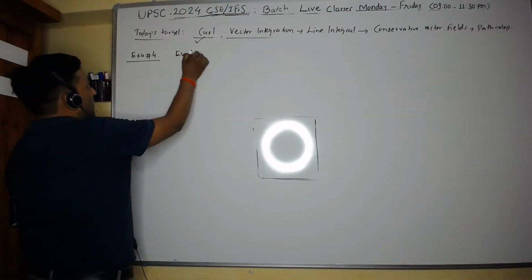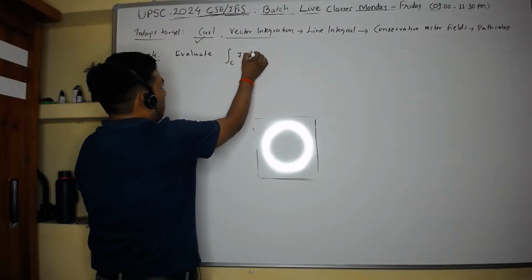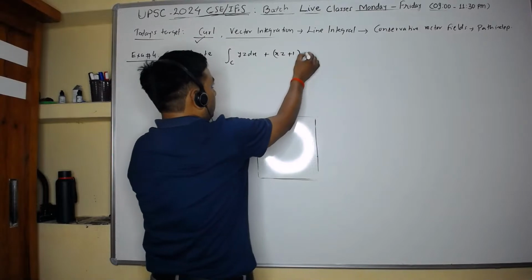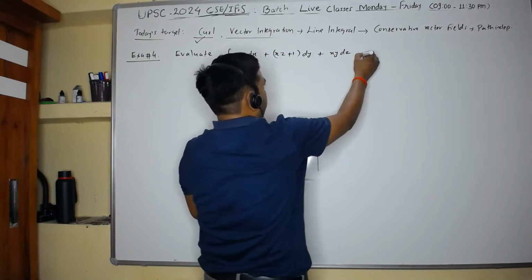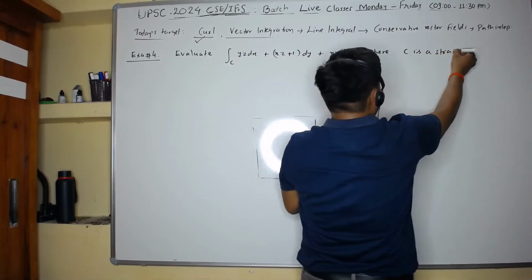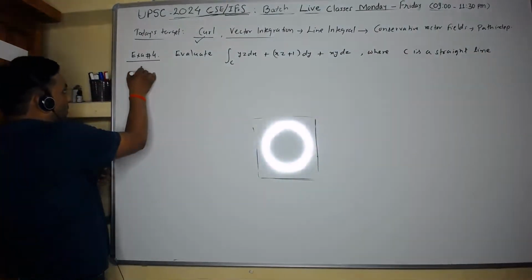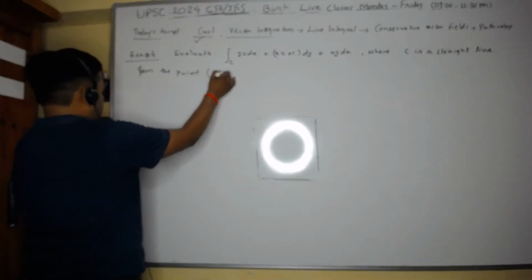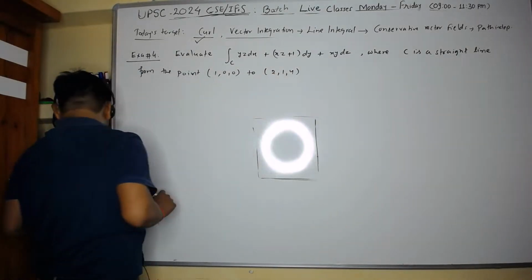The question is: evaluate the integration over C of y z dx plus x z plus 1 dy plus x y dz, where C is a straight line from the point (1, 0, 0) to (2, 1, 4).